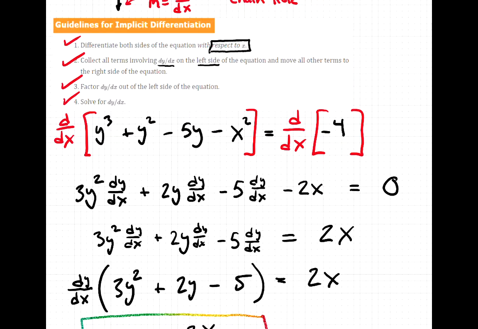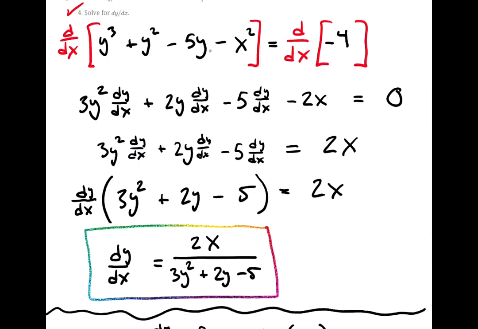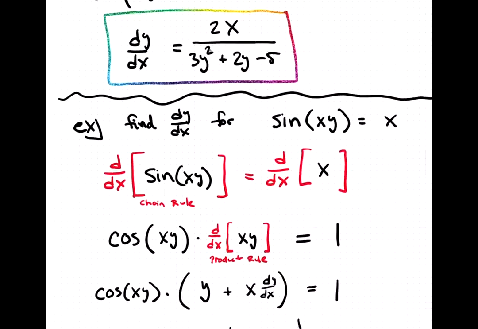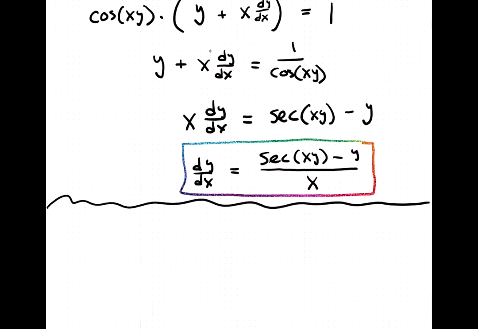And so one thing we're going to see later, actually in the next video, is using this idea of implicit differentiation to solve word problems that involve rates of change. And to do that, we're going to take derivatives not with respect to x, but with respect to time, because we're going to be looking at how physical quantities change over time. Remember, calculus is the mathematics of change, and the derivative tells us the instantaneous rate of change.